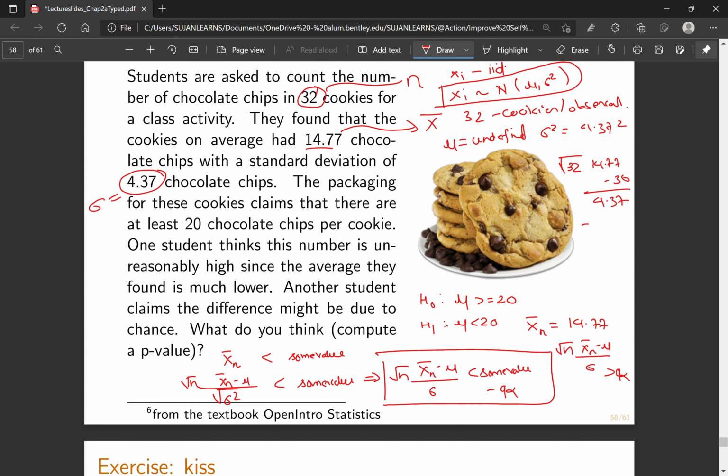This is 19.7 something. 19.71 something.